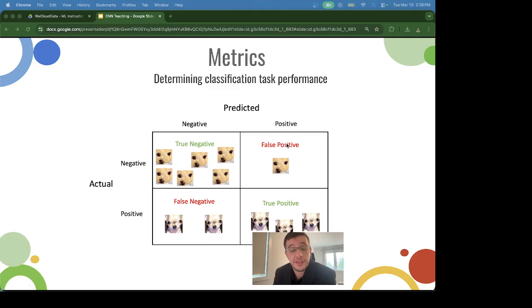If your model had seen a cookie and said it was a chihuahua, that's a false positive. If your model had seen a cookie and said it was a cookie or said it was not a chihuahua, that's a true negative. And if your model saw a chihuahua and said it was not a chihuahua, it's a false negative.